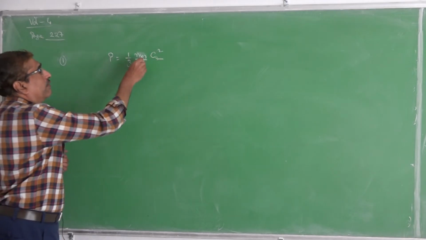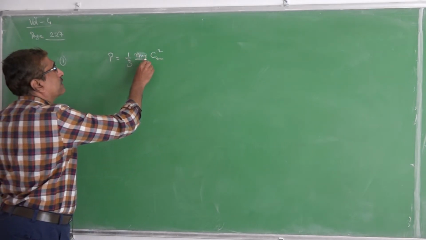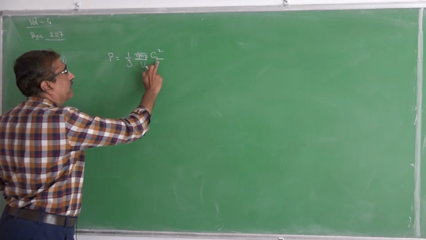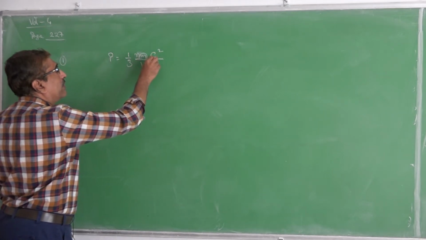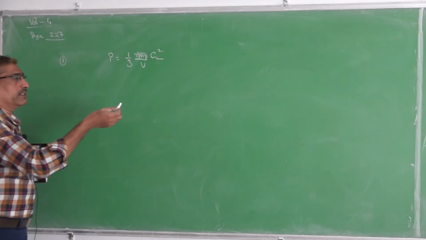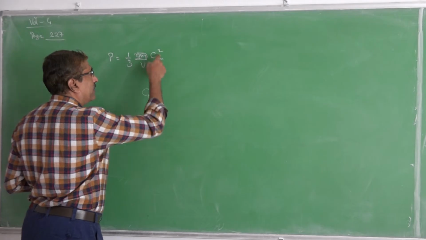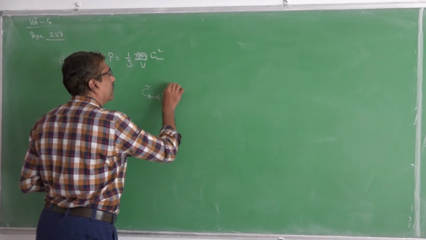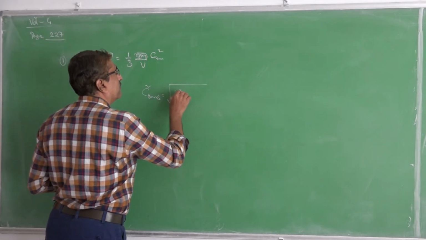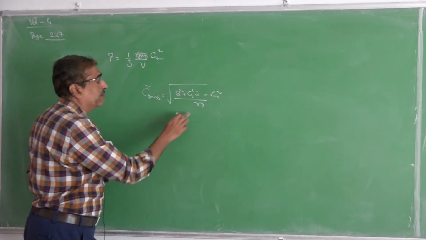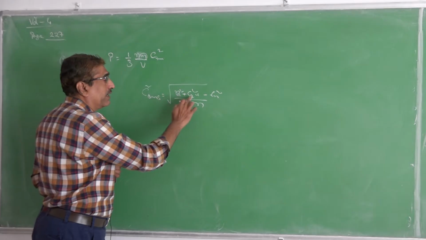So if the mass of all the molecules is halved, means m by 2, whereas all the velocities of the molecules are doubled. As you know, RMS velocity square is equal to C1 square plus C2 square plus etc. Cn square by n. But the number of molecules does not change, but its velocities change.